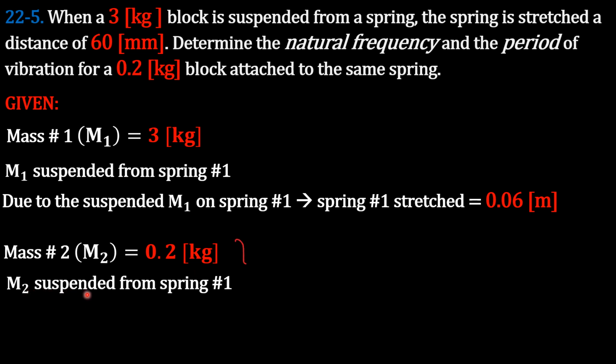So mass 2 is suspended from spring 1, just like the previous problem, and we are asked to find the natural frequency and the period. So here we have the spring number 1 right here, and spring number 1 got stretched due to a hanged mass of 3 kilogram.